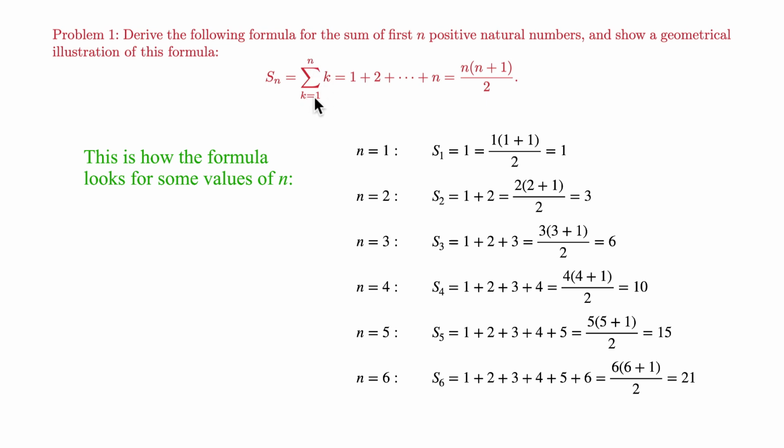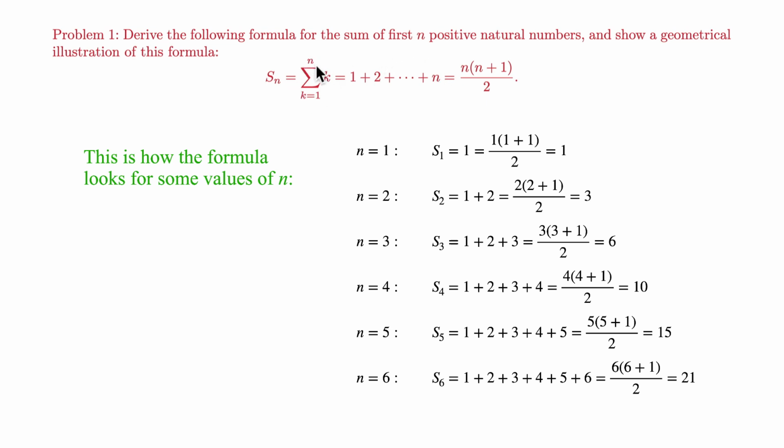So first k must be equal to 1, and we sum 1, then plus k equal to 2, and so on, and the last term of this sum is n. So this here is a brief notation for this sum.